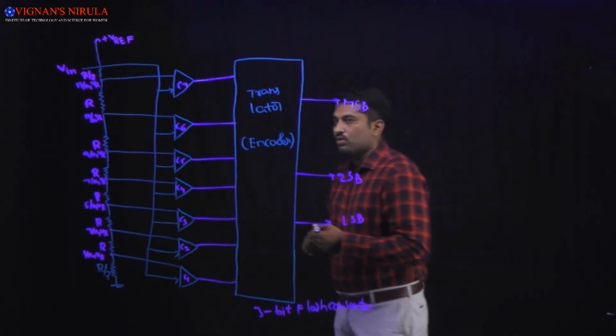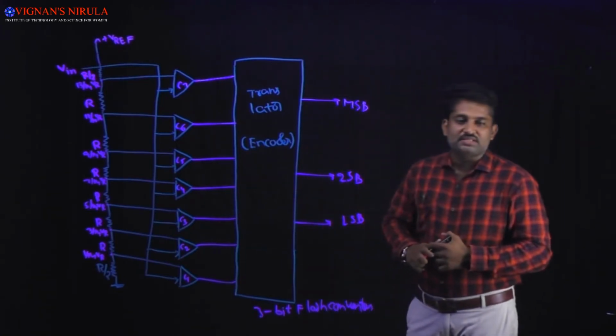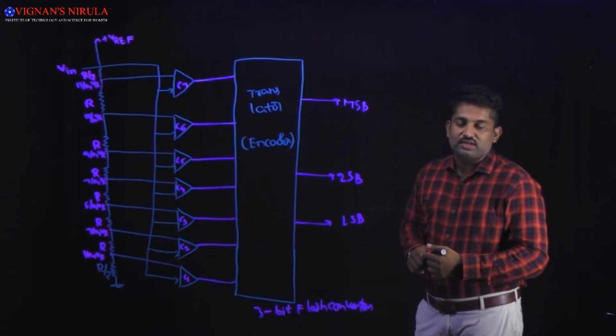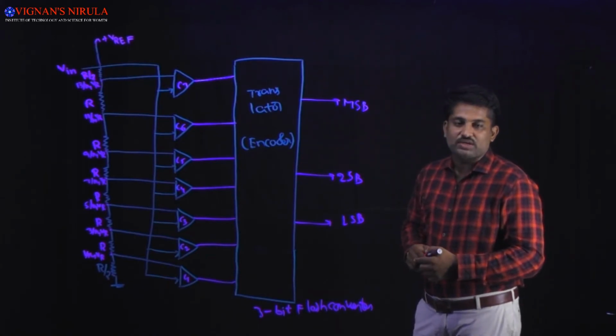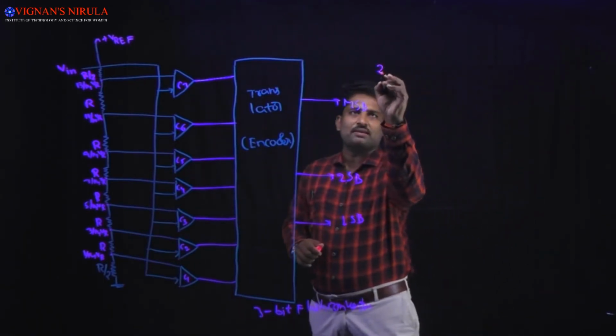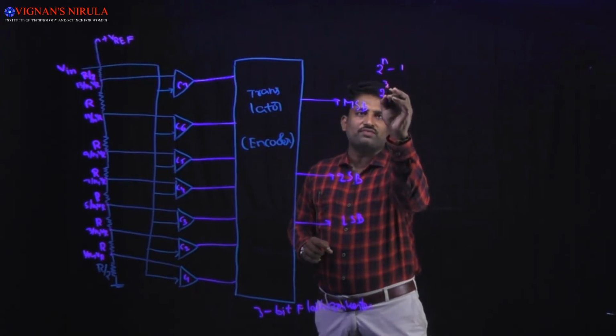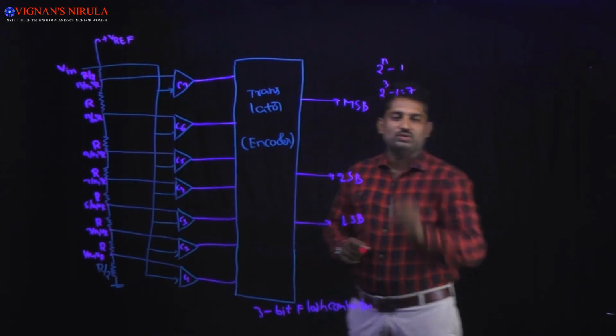Now this figure represents the 3-bit flash type A to D converter. In this 3-bit flash A to D converter, it requires 2 power n minus 1 comparators. So 2 to the power of 3 minus 1 is equal to 7.